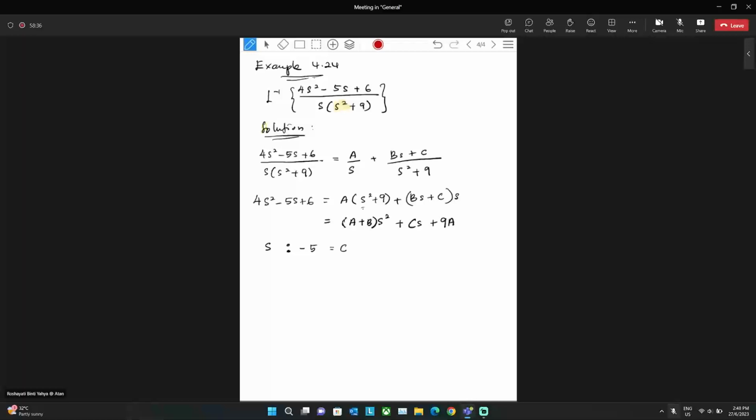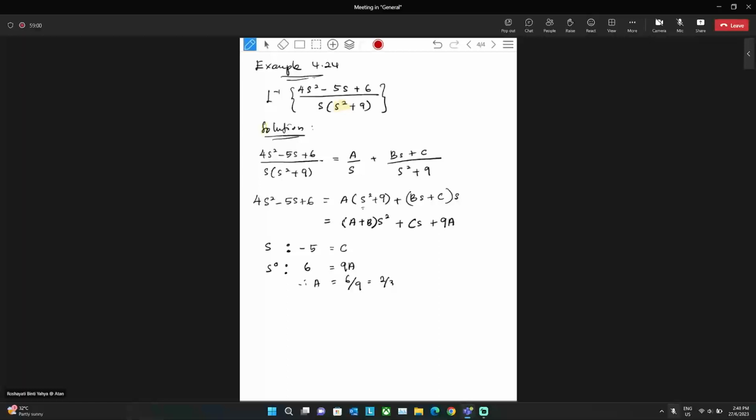And then for s to the power of 0, or constant, on your left hand side the constant is 6, on the right hand side is 9A. So your A equal to 6 over 9 equal to 2 over 3.